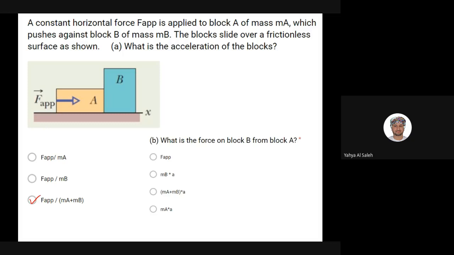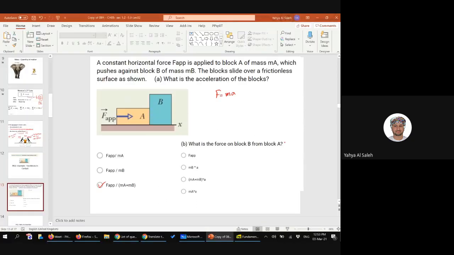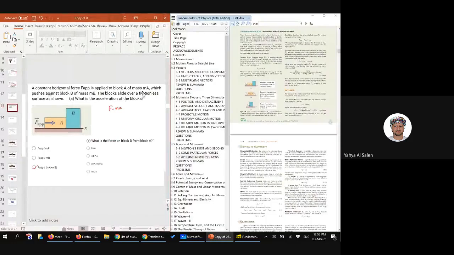What is the force on block B from block A? Because our applied force is on block A, not on block B. Is it going to be what we know in general, that force equals MA? But is it F applied, MBA, MAA, or the sum of the masses multiplied by A? I'll give you a minute to think.